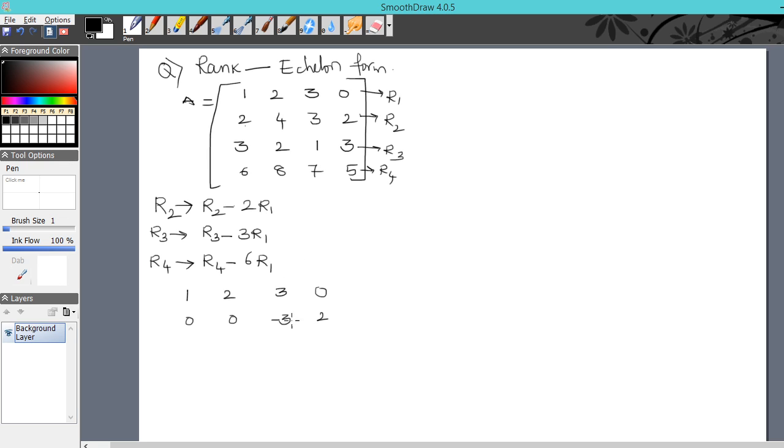Similarly, R3 minus 3R1, if you solve, you will get 0, minus 4, minus 8, 3, and R4 gives 0, minus 4, minus 11, 5.